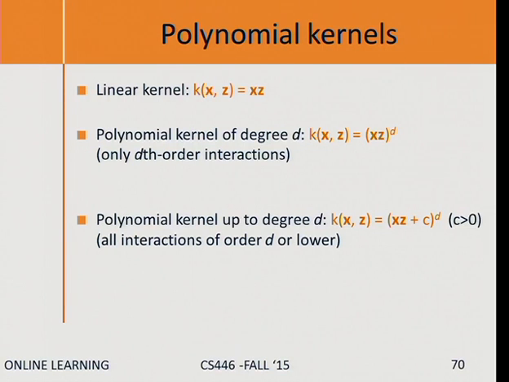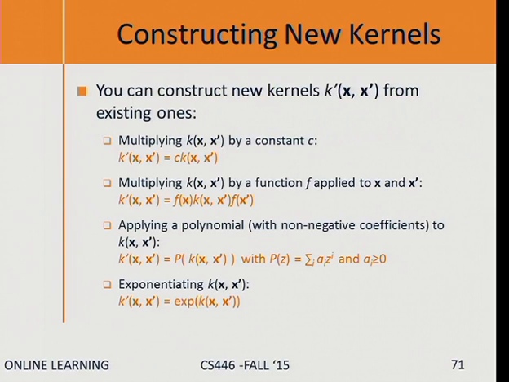Take this as your definition, and then you will be able to convince yourself that each of the operators that I'm showing now is also a kernel. For example, I can take a kernel and multiply it by a constant. Now, if you could write this as a dot product in some feature space, you'll convince yourself that you can write this one on the right side also as a dot product.